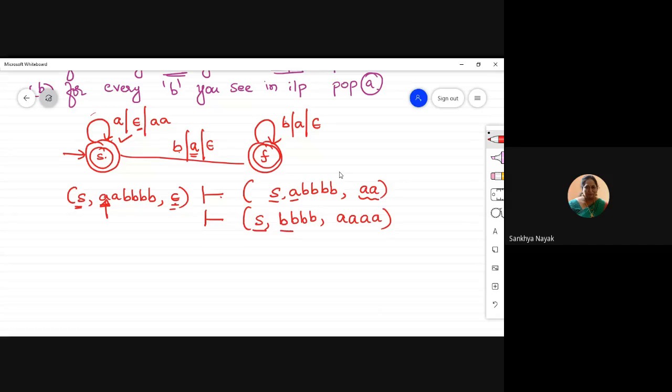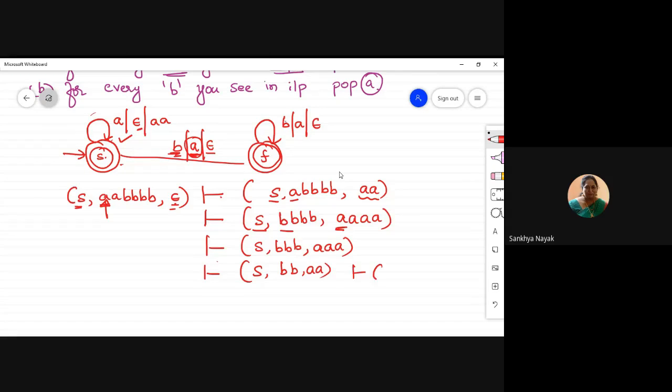Now I have S and B, starting state, transition on B. What are we going to do? One symbol from stack. If it is A, we are going to pop it. So 3 inputs remain and 1 A is popped. So you have 3 A's remaining. Same concept will be carried ahead for all the remaining.